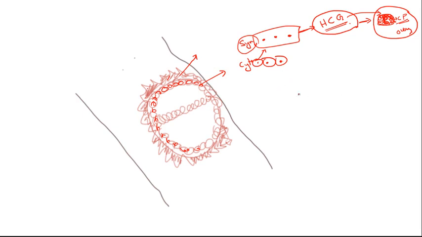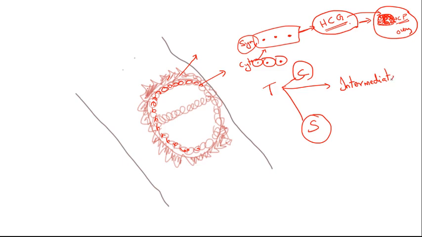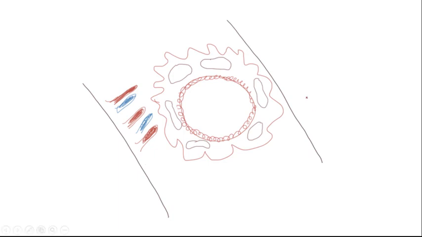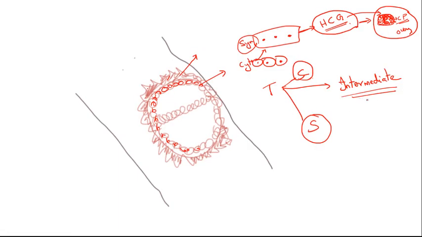Now intermediate trophoblast. So in trophoblast, we have cytotrophoblast, syncytial trophoblast, and in between is what is called intermediate trophoblast. Since they have properties intermediate between cyto and syncytial, it's called intermediate, and they are further divided into three. Intermediate trophoblast are divided into villous trophoblast, because here soon we'll have villi formation.